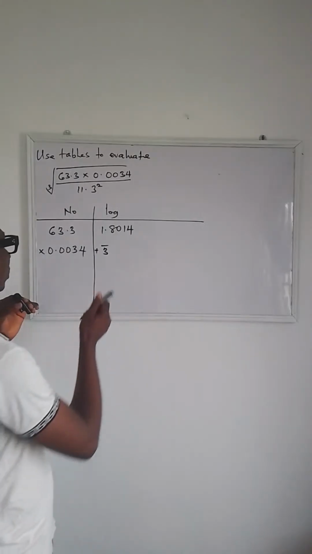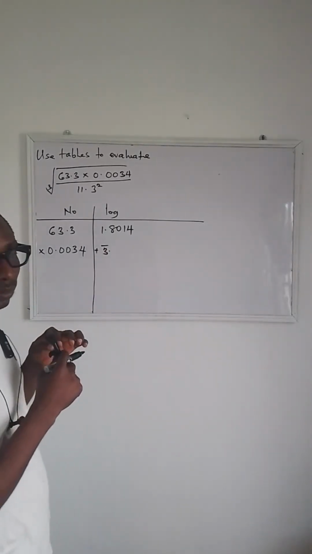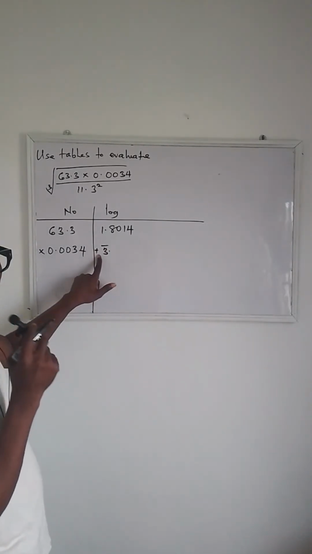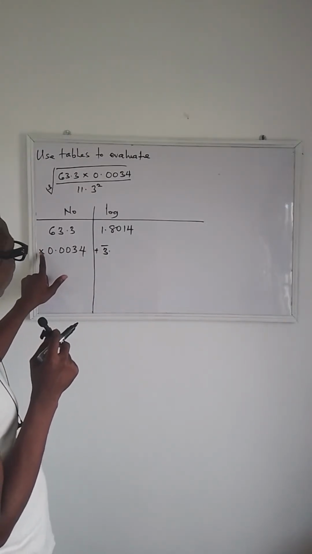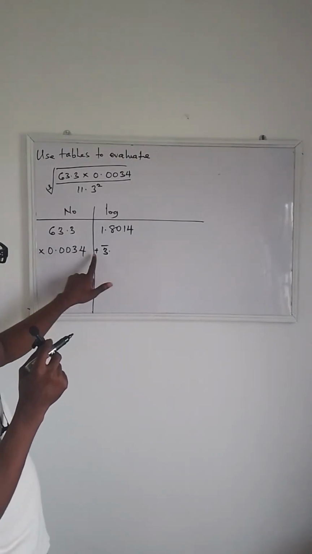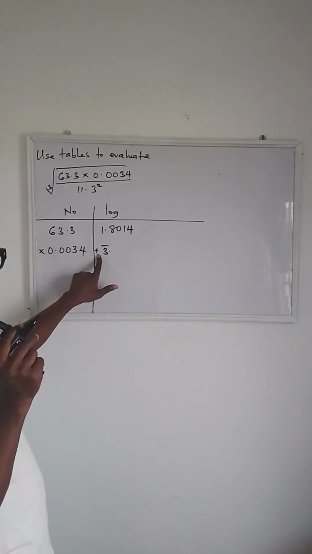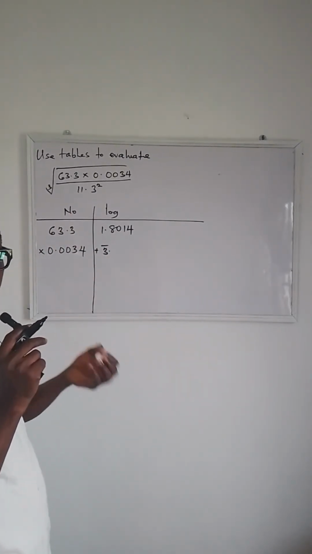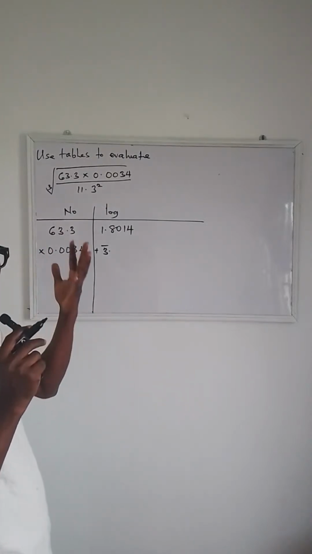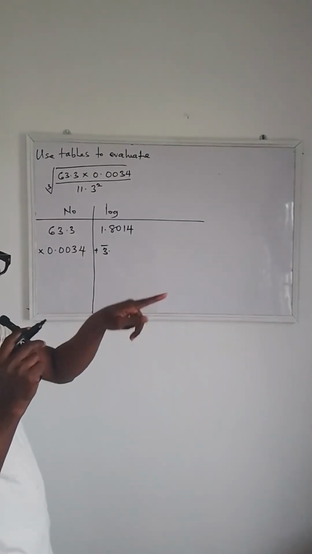Now don't forget, you can see that I'm putting plus here. The reason is because we have multiplication here. Whenever you have multiplication, at the logarithm side it is going to be addition. By definition of logarithms, we said the logarithm of a number to a given base is the power to which the base must be raised to give that number.